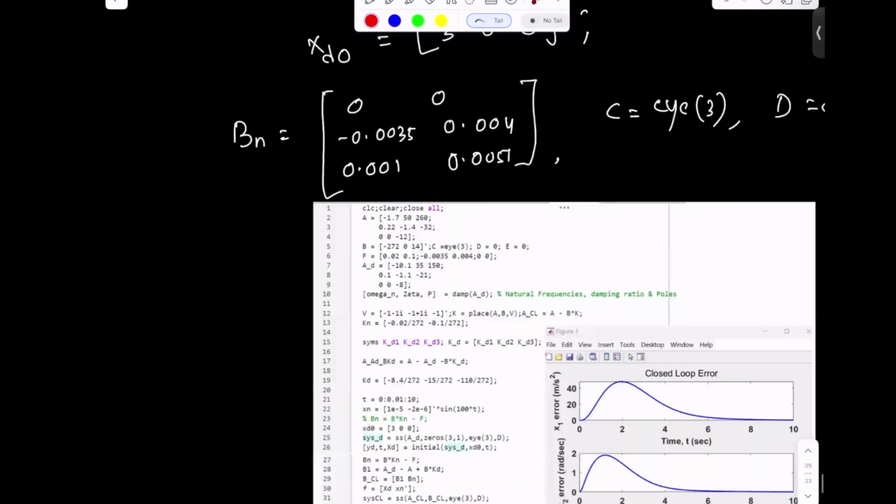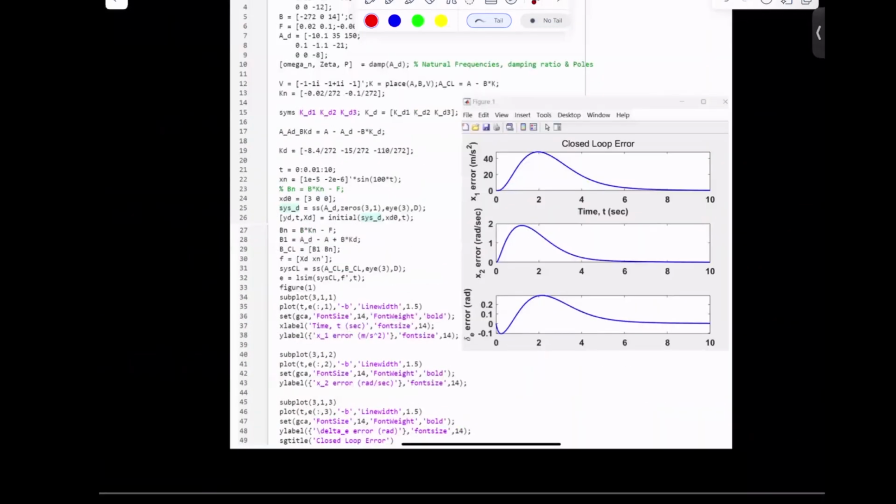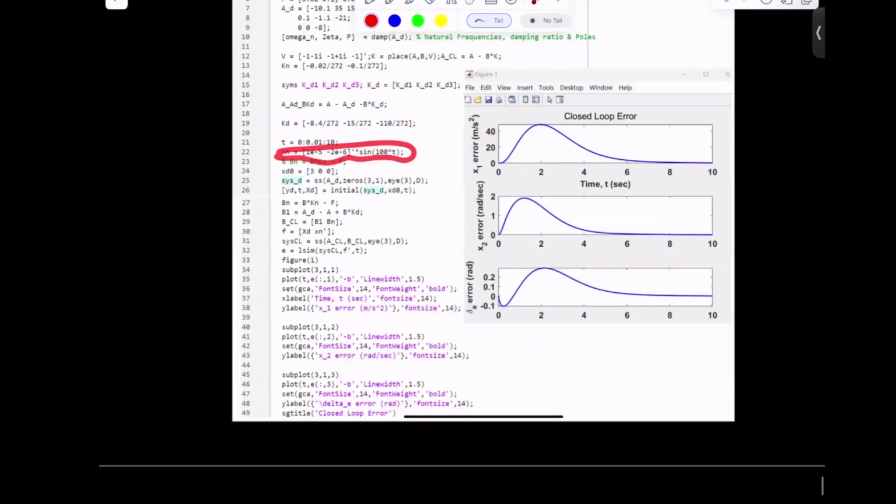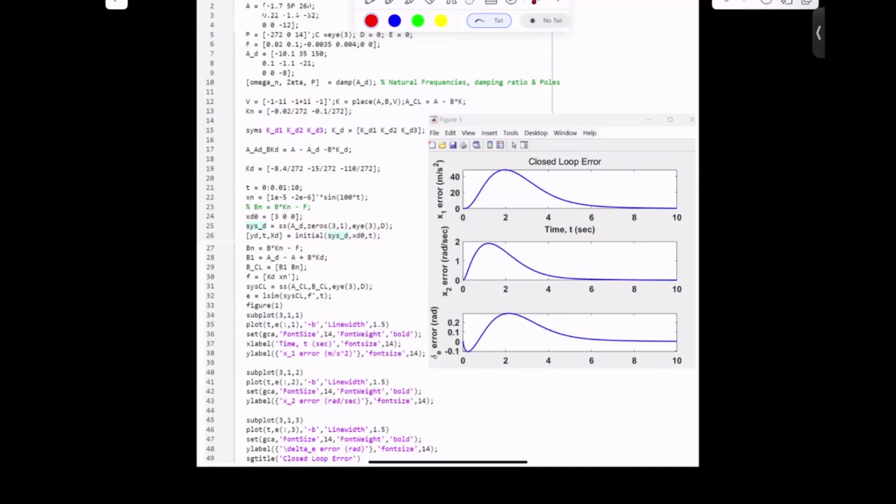It is defined here, and we have the KD parameter already. We are simulating the problem for 10 seconds with sampling time 0.01. This is the noise level in the system, and this is the initial value of the desired dynamics.